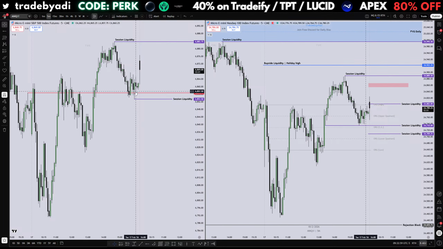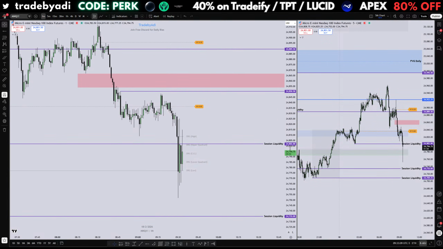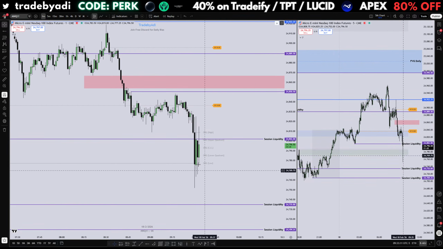We do have a small SMT. If you check with the ES, ES has not taken out the 16 o'clock low, but we don't have any kind of signature in price action. Let me also check the news.